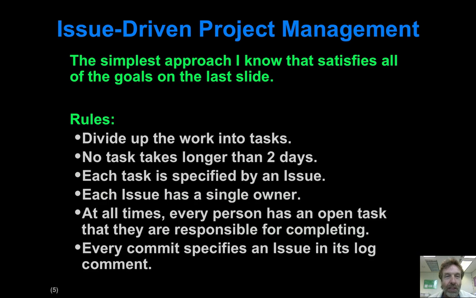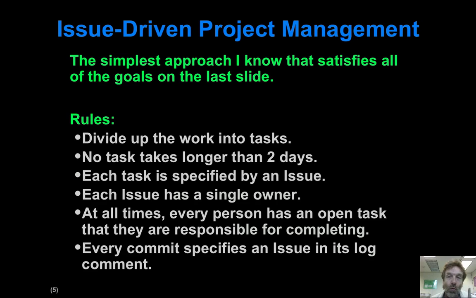So here are the rules for issue-driven project management. One, you've got to divide up the work into tasks. Two, a task shouldn't take any longer than two days for a team member to accomplish. If it takes more than two days, you've got to split that task up into multiple subtasks. Every task that you define is going to be specified by an issue in the project management system.